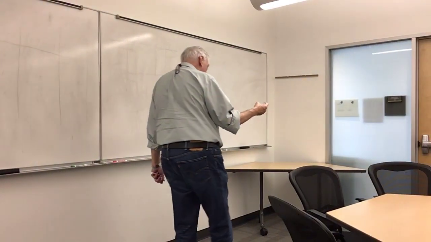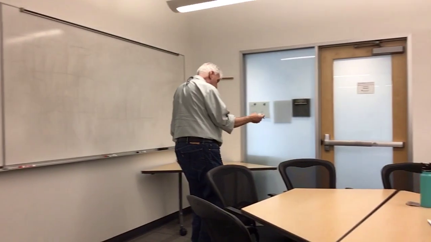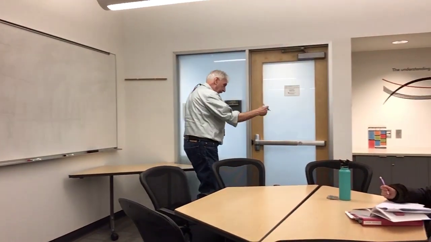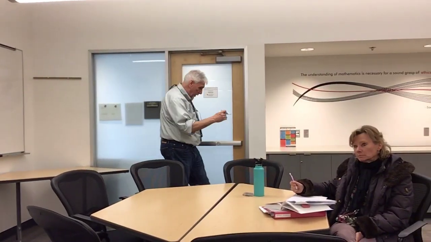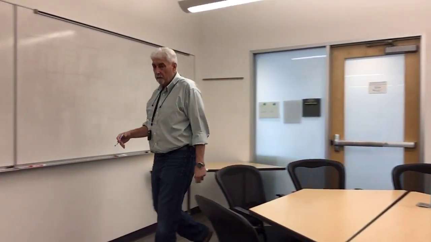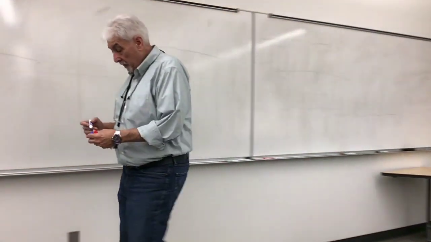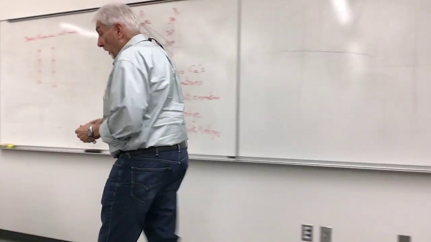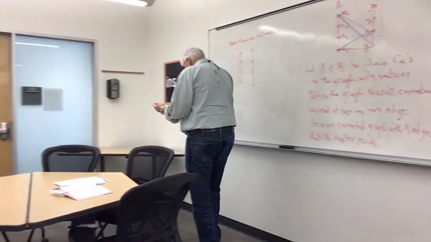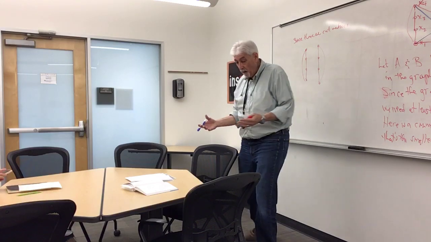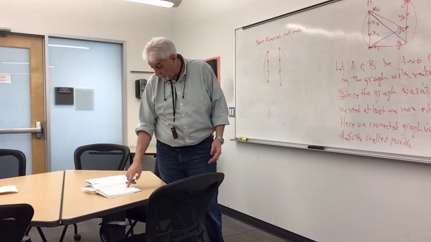How many more edges? So I have 8 even vertices, I'm going to read this as building on I through IV, and I want no even vertices.